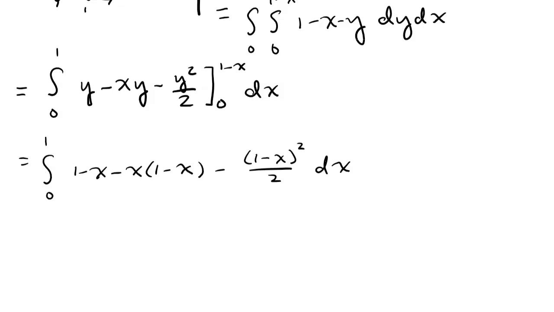Probably what will be easiest at this point is to simplify all of this algebraically before we integrate. So we could do the integral 0 to 1, 1 minus x, minus another x, plus, because it's a negative x times a negative x, plus x squared. And then 1 minus x quantity squared is going to be 1 minus 2x plus x squared.